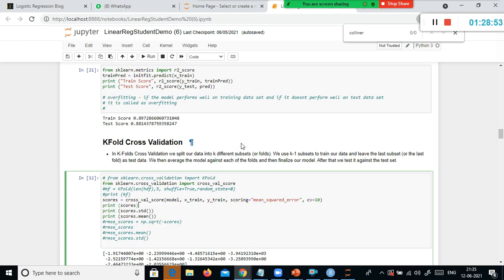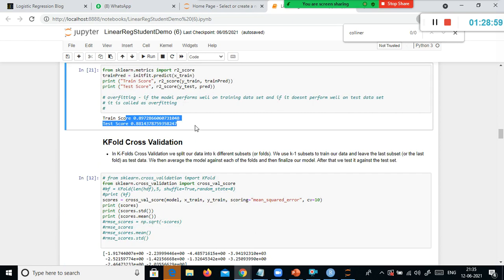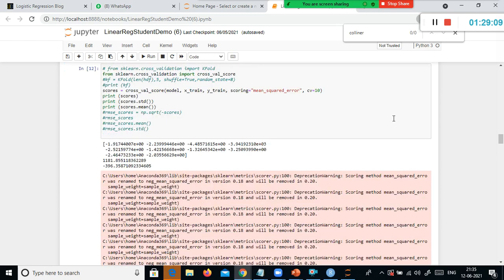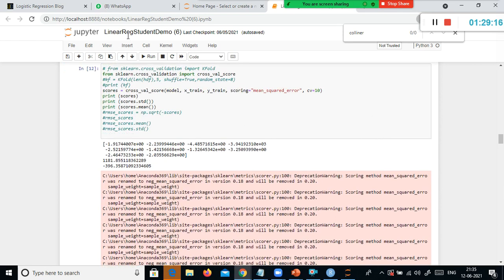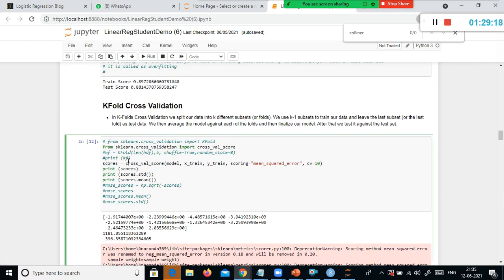I computed the RMSE for both the training and test data set. It is overlapping. Look here, the training and test scores are somewhat closer, right? That means my model is generalized well. And again, I cannot rush and deploy the model blindly, but I need to apply my model on various test data sets, with different data sets. That is where the k-fold cross validation comes into the picture.